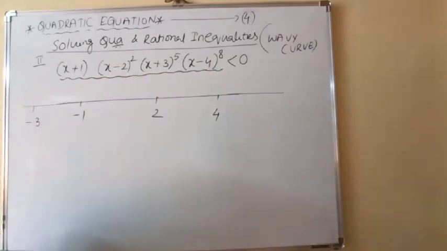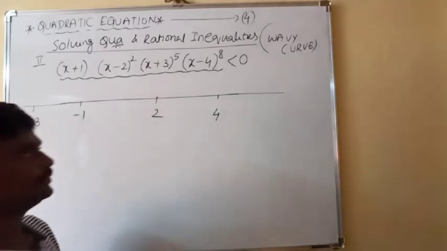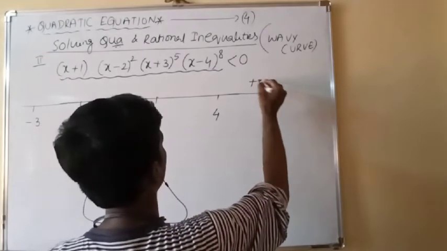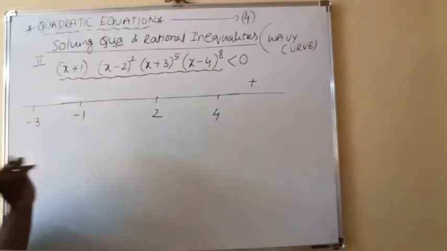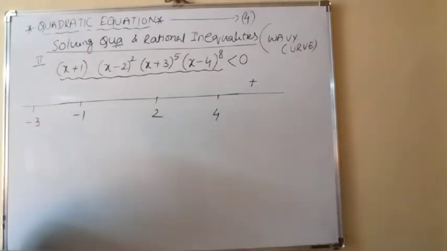So here, as usual, you put a plus sign, but don't keep alternating plus minus, because here not all are non-repeated. If all are non-repeated, then we can write plus minus alternately, no problem. But here repeated linear factors are there, be careful.